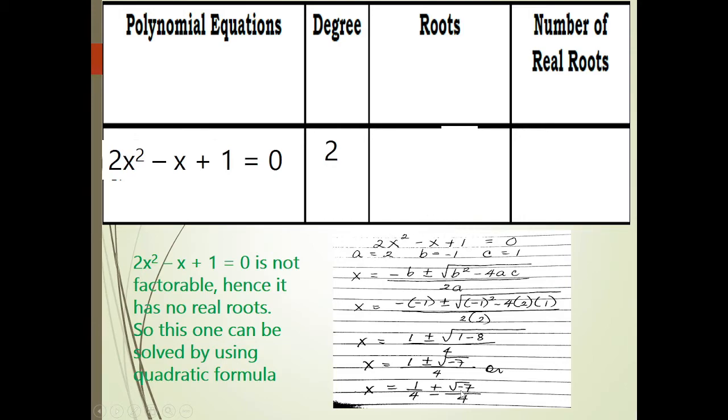Kaya ang roots niya ay ito. Ito yung roots niya. Pero, ang number of real roots niya, none. Kasi nga, these are not real. Anyway, yun ang problemahin ito. Kasi hindi naman yan ang concern natin. Pinakita ko lang sa inyo kailan nag-e-exist yung not real.